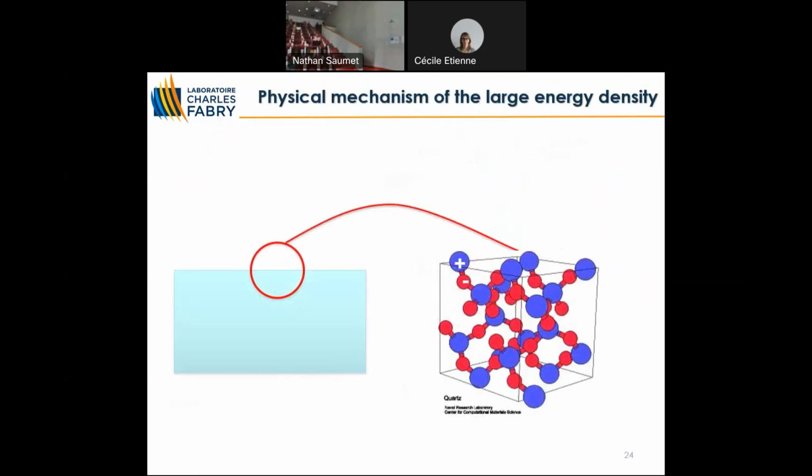So let me tell you what's happening with two different pictures. And it's very simple to understand where this is coming from. So the first picture is to look at what's glass. This is quartz. It's the crystalline form of silicon and oxygen. So you have the binding between the oxygen and the silicon. The oxygen, as always, is attracting negative charges.